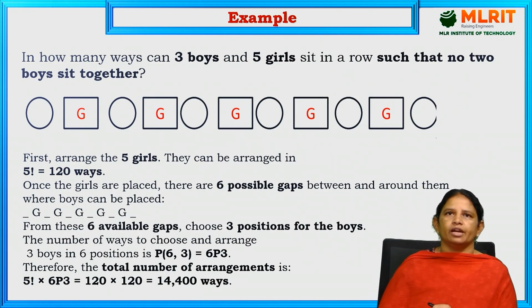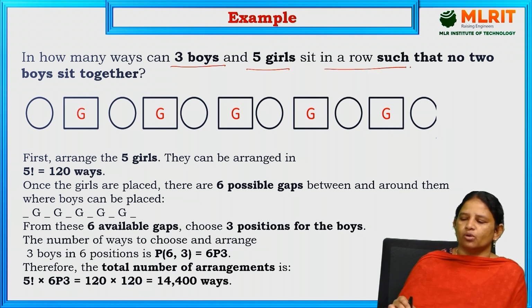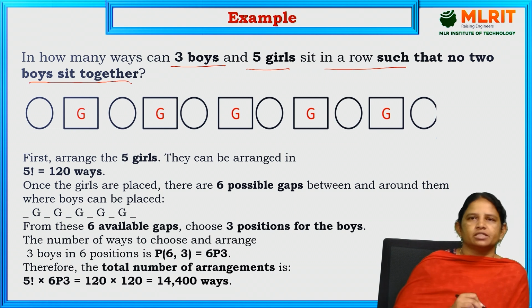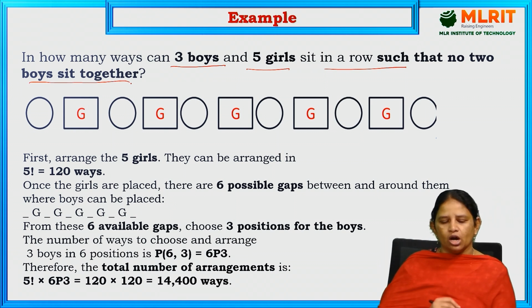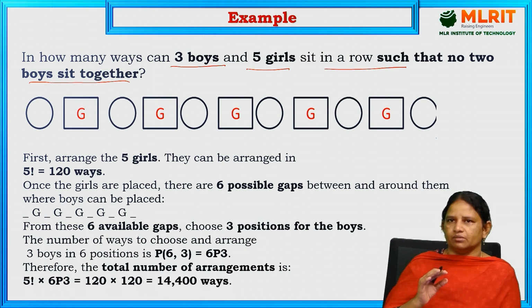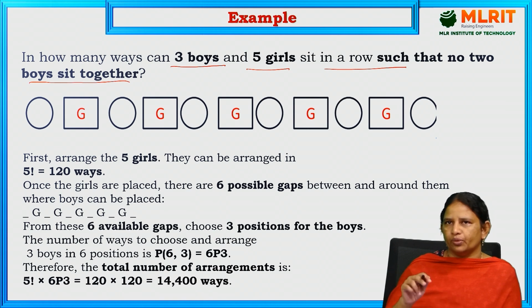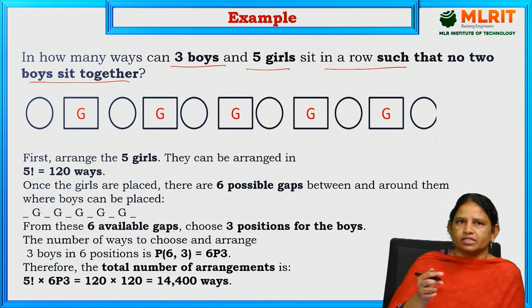Next. In how many ways can 3 boys and 5 girls sit in a row such that no 2 boys sit together? So what is the condition? Total 3 boys and 5 girls are there. There should be a girl in between boys, so no 2 boys can sit together.